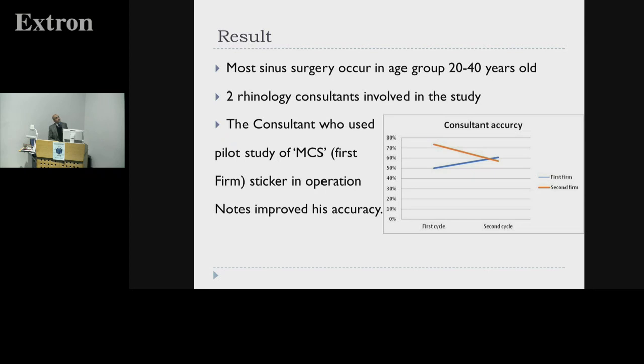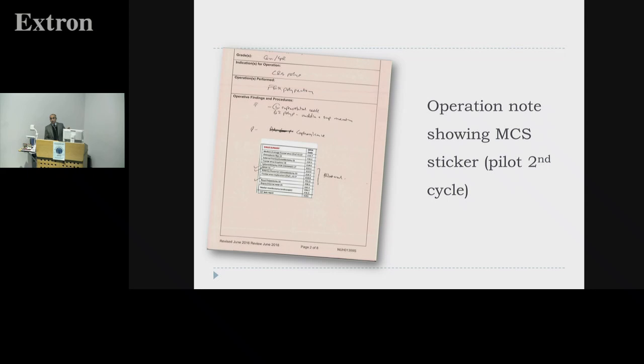Looking at the findings of both, there were 2 rhinology firms in the department. One of them used this sticker in his notes, who was the one who had the multidisciplinary team meeting, and the other consultant didn't use it. So we tried to compare between the 2 firms. And the consultant who used it didn't use it for all his patients.